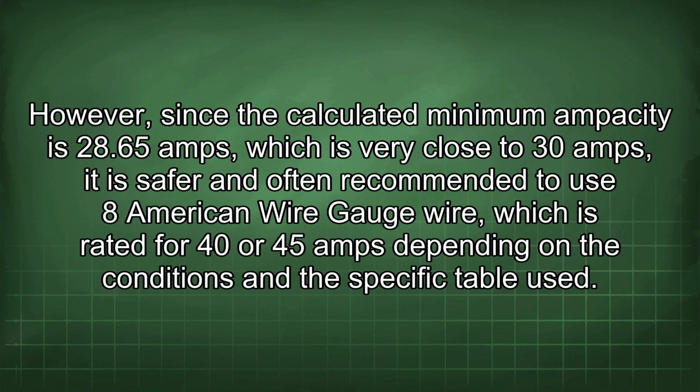However, since the calculated minimum ampacity is 28.65 amps, which is very close to 30 amps, it is safer and often recommended to use 8 American wire gauge wire, which is rated for 40 or 45 amps depending on the conditions and the specific table used.